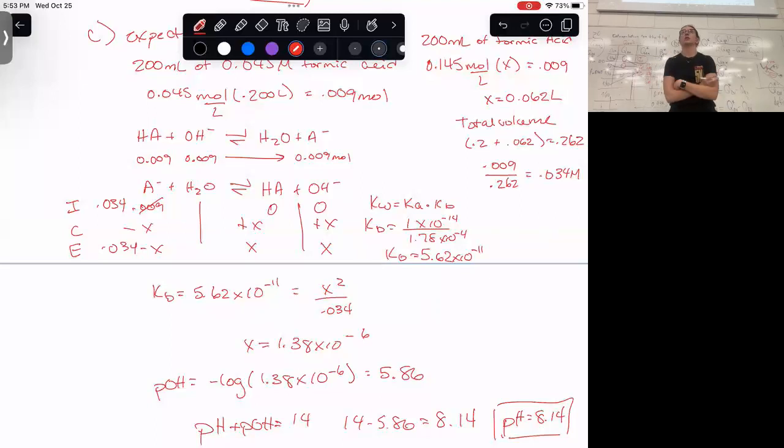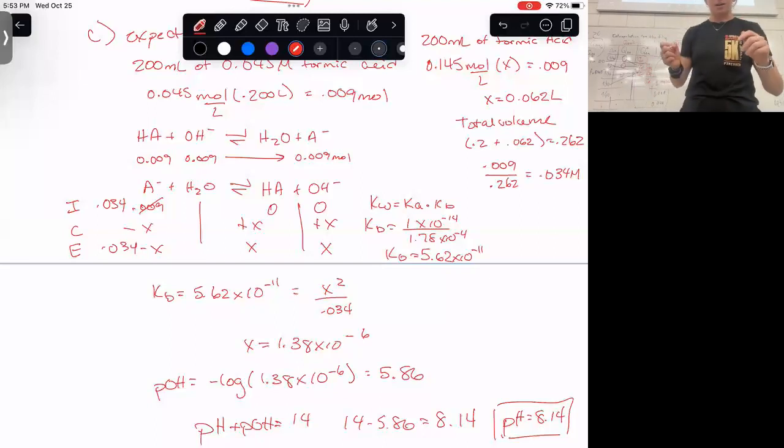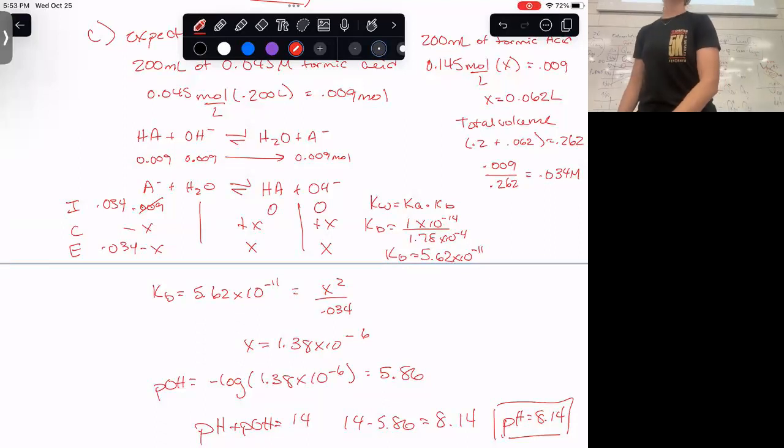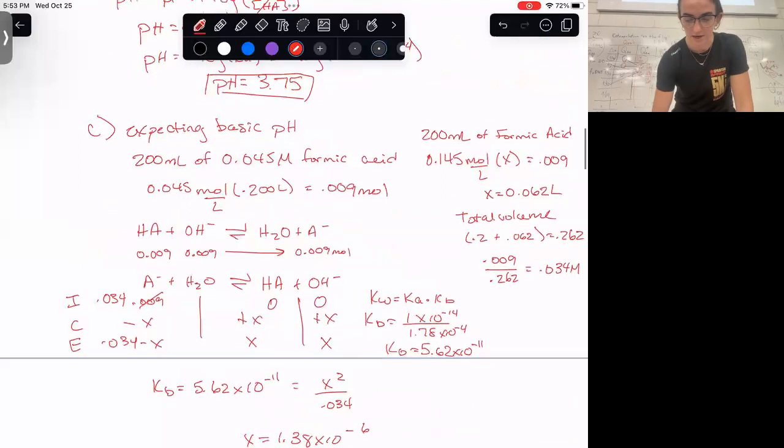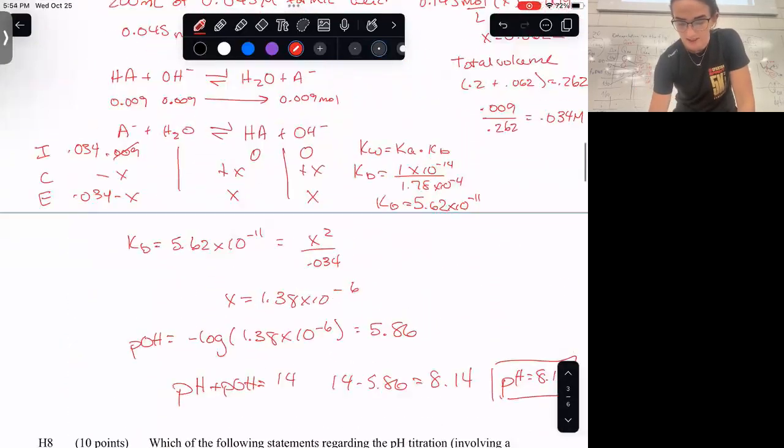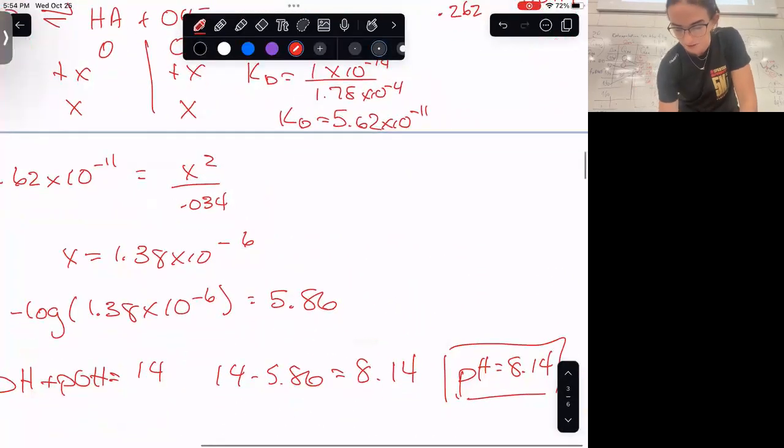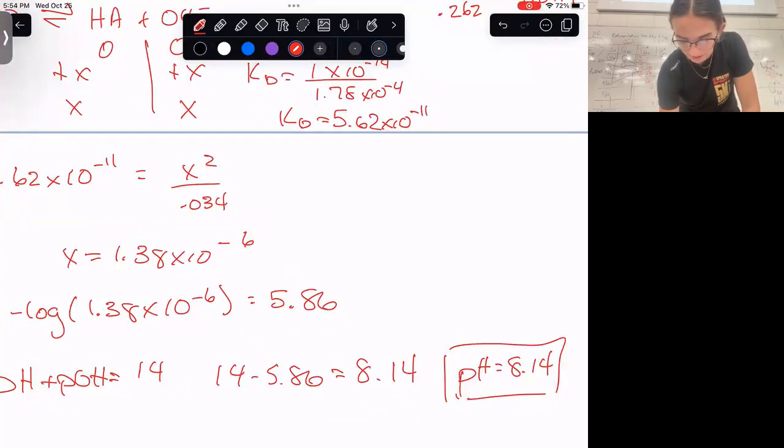I don't know for these, the HA goes to H plus and then... Yep, so that just comes down to what is happening in a titration. In a titration, we have our little beaker and this has acid, and then we have our burette and this has your NaOH.